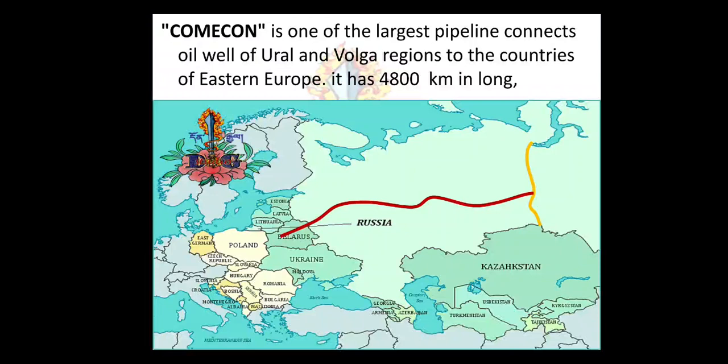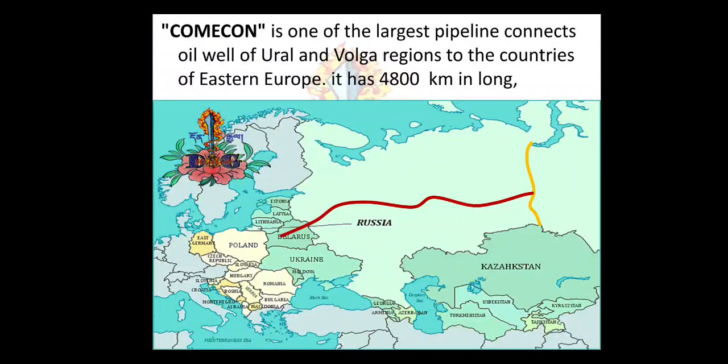So the red line in the map indicates what? The Comecon pipeline. This pipeline carries oil from the western Ural region, that is the Volga region, western Ural mountain. It carries petroleum to the Volga region and to Eastern European countries such as Ukraine, Estonia, Latvia.